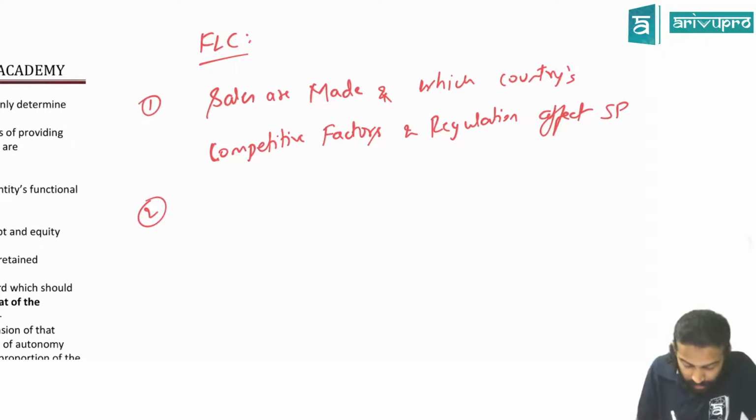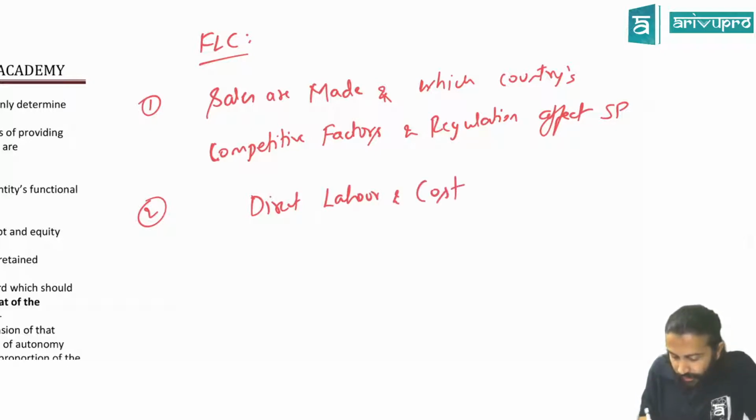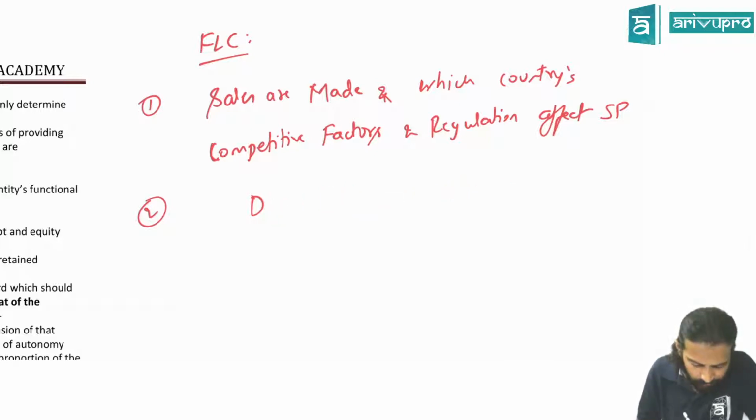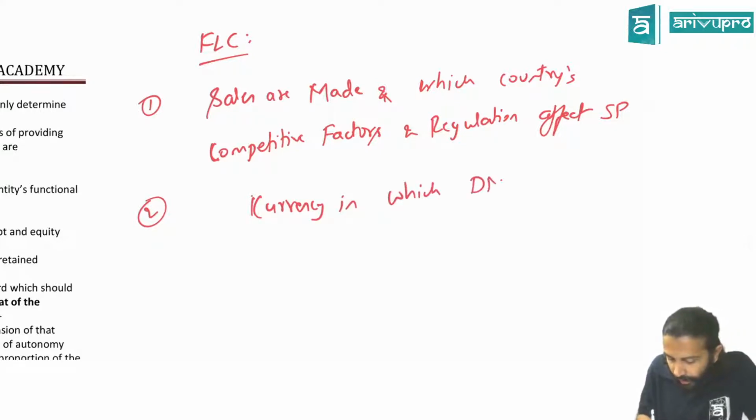So functional currency means the currency in which direct material, labor and other cost are incurred. Or maybe you can simply write, currency in which cost is incurred. Currency in which direct material, direct labor and other cost are incurred.